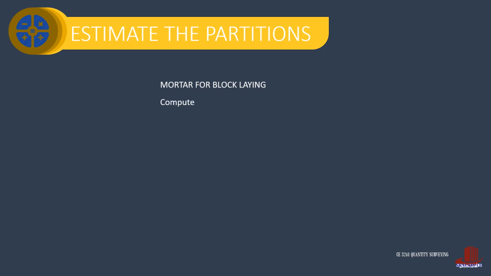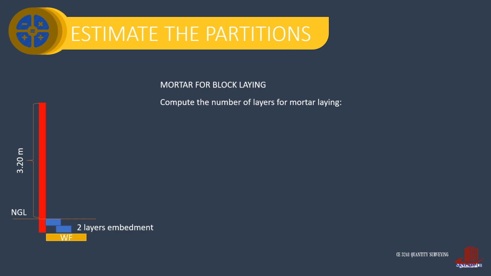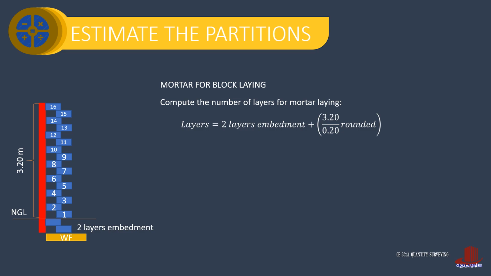For block laying, we need to determine the number of layers. If we take the cross-section of the partition, there is the floor to beam height of 3.2 meters. Then we have the 2 layers embedment. There is no beam on top, which means we place CHB for the whole height, making 3.2 divided by 0.2 or 16 layers of CHB.